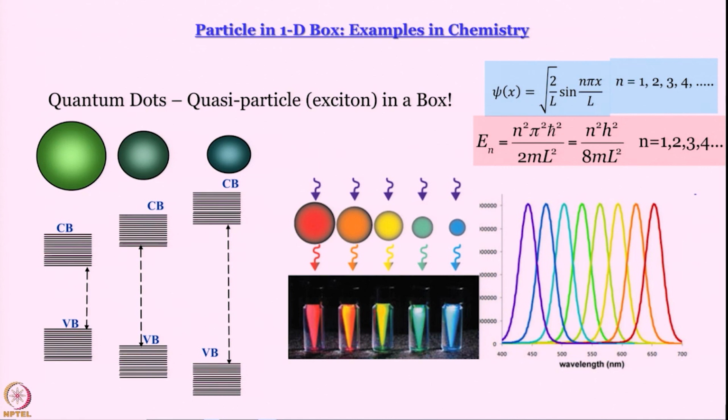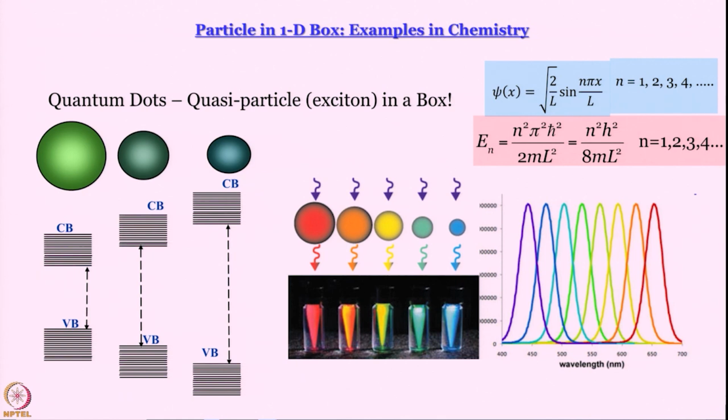What is a particle here? The particle is an exciton. Exciton means you have promoted an electron from valence band to conduction band. The electron is in the conduction band, and what is called a hole is there in the valence band. So, this electron and hole pair move together, that is called an exciton, that is the particle. Well, it is called a quasi-particle.